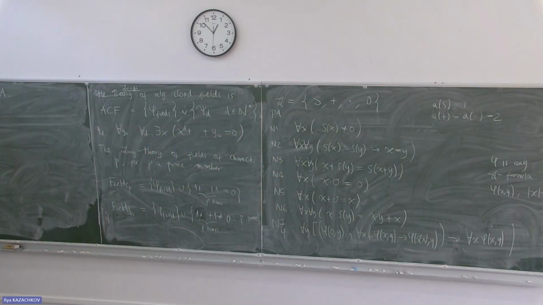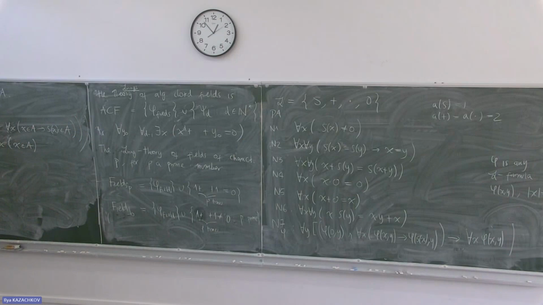Second order has N1 up to N7 plus an axiom saying really for every subset A of the natural numbers, if 0 is in A, and of course it holds that for every x, x in A implies the successor of x is in A, then these two things imply that A is equal to N. I mean, that for every x, x belongs to A, right?